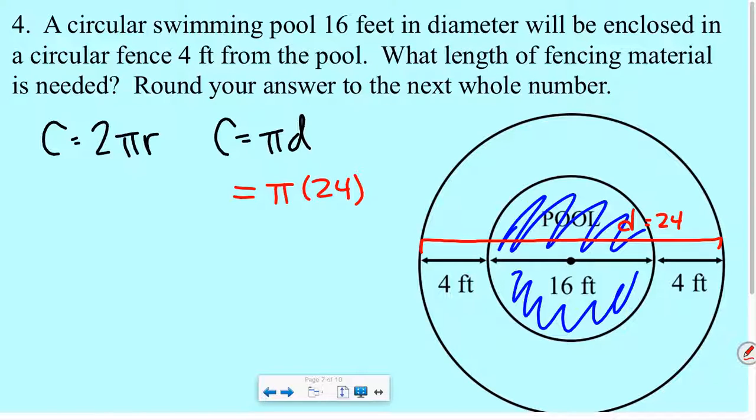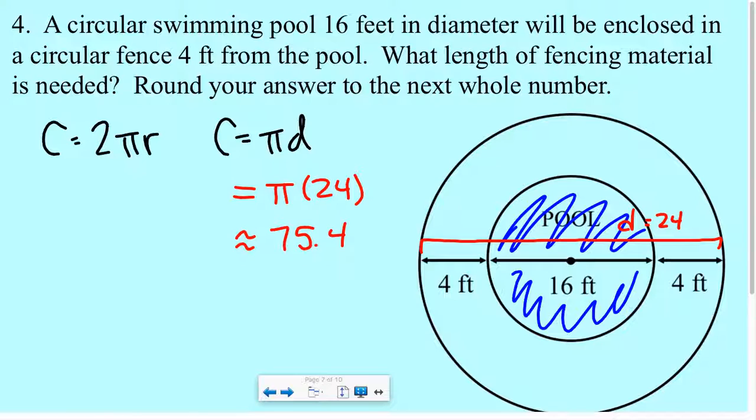This one says round your answer to the next whole number. Well, when you throw this in the calculator, you get about 75.4. Why would it tell me to round it to the next whole number? I want extra just in case. You can't buy 0.4, and why wouldn't I want to round down using my rounding rules?